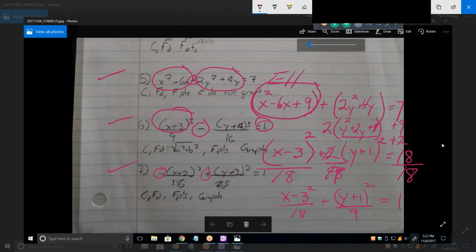Perfect. We got everything we need, except I needed parentheses there. Okay, now we can answer our questions. What's the center? The center is positive 3, negative 1. Good.